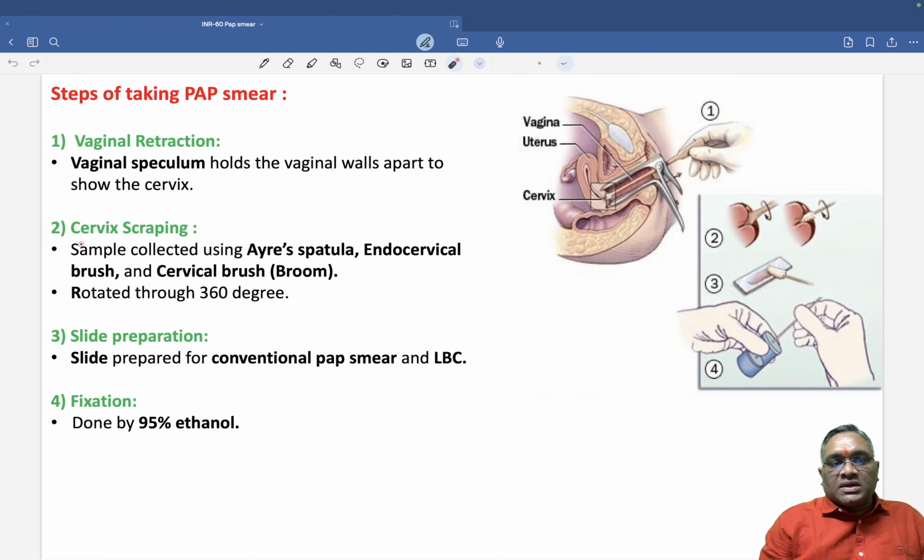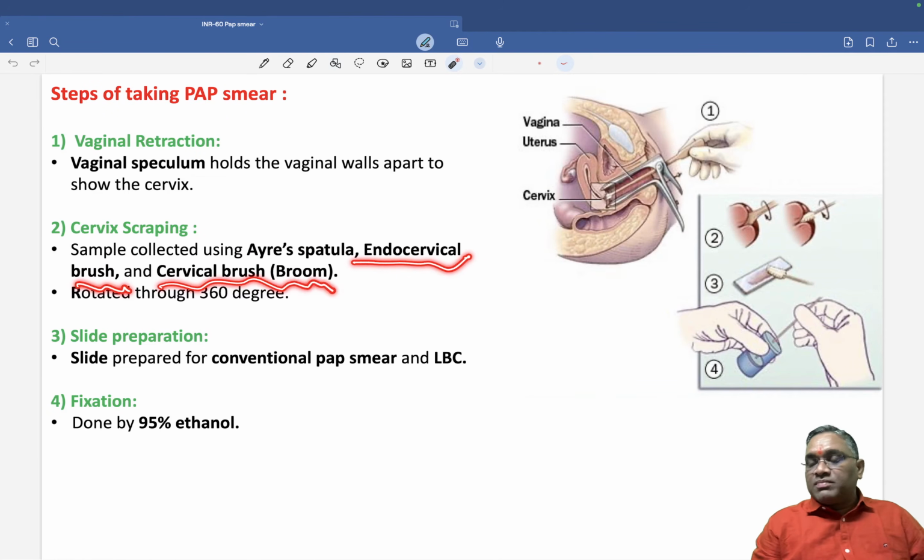The second step is cervix scraping. We use these spatulas, broom or brush for taking the sample. You can see we are using one brush here to collect the sample. The sample is collected using either Ayers spatula or Aylesbury spatula, endocervical brush, or cervical brush or broom; it depends.